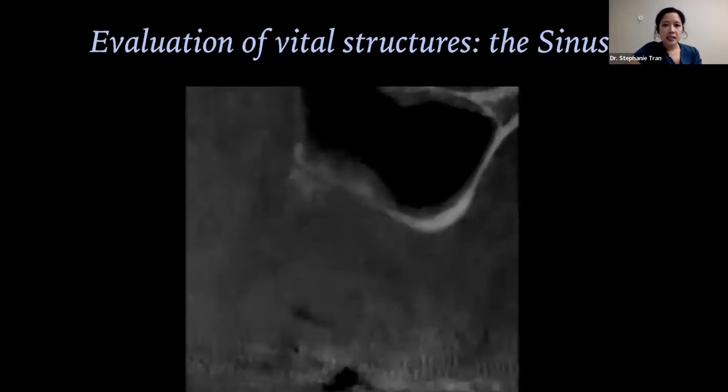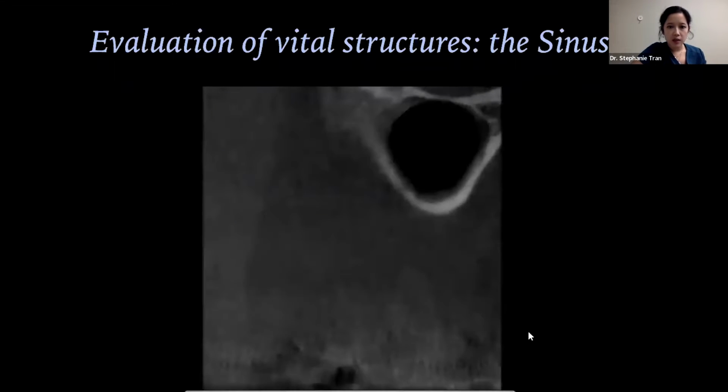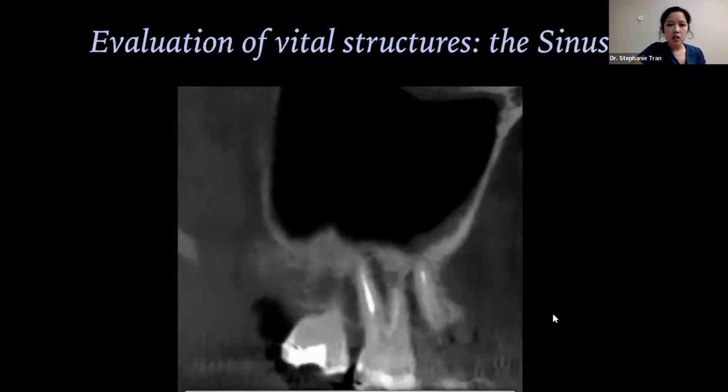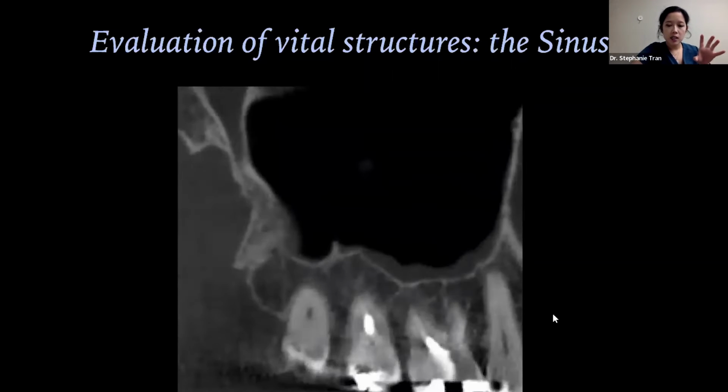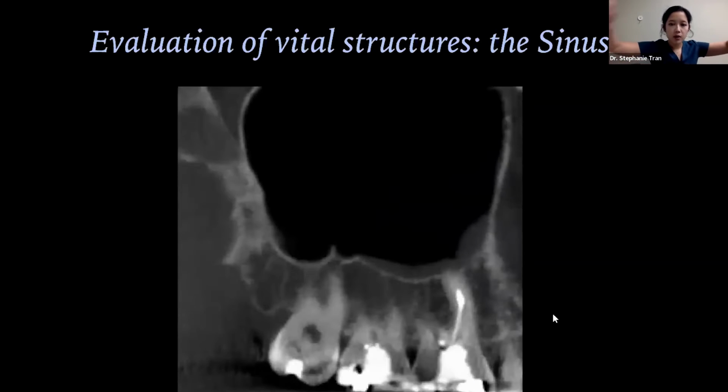When we look at a CT, we're also looking at the structures around the tooth. So how do we evaluate the structures? For example, if we're looking at the sinus and that anatomy, as we can see in this video, we're looking not just at the darkness of the sinus, but also that gray underneath it, around the borders of it.